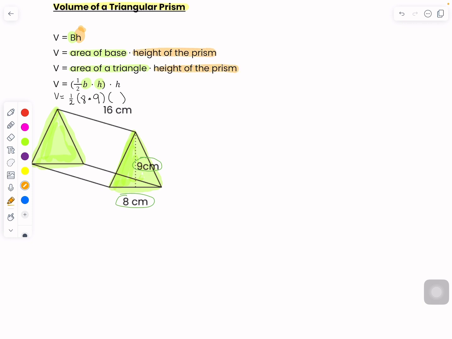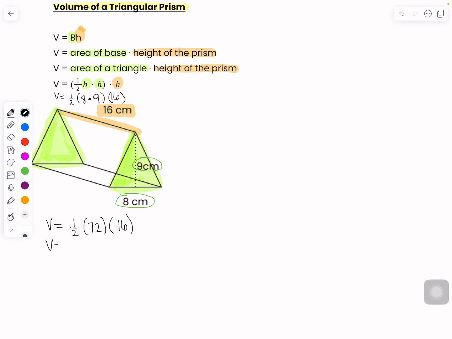Remember, the height of our prism is the distance between the two bases, and in this case, we're looking at 16 centimeters. Now let's go in and do some mathematics. We have 1/2 of 8 times 9 is 72 times 16.